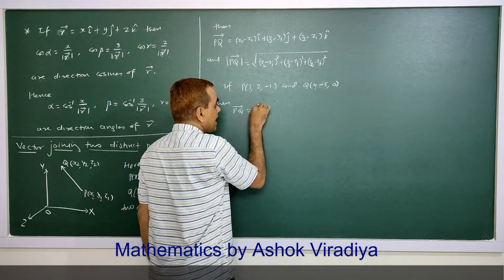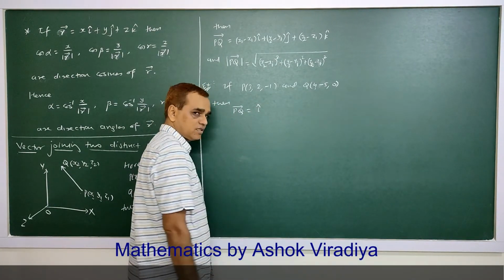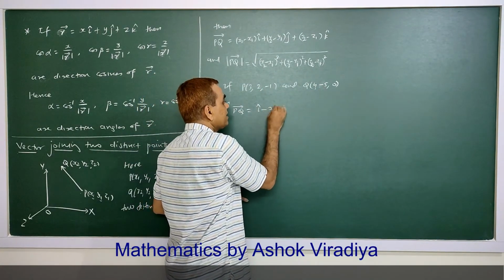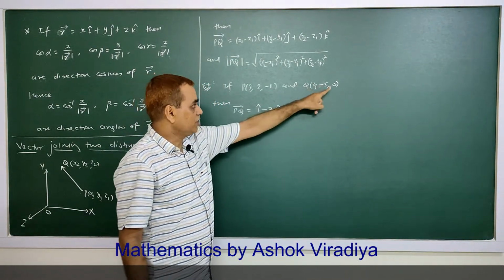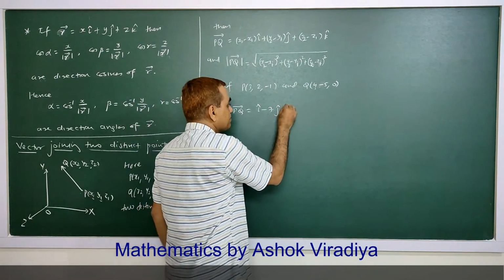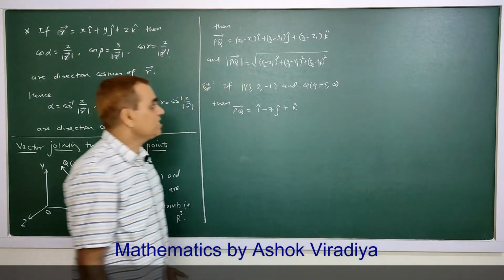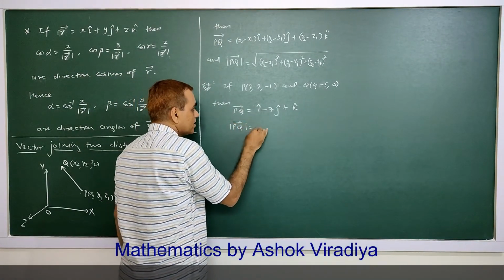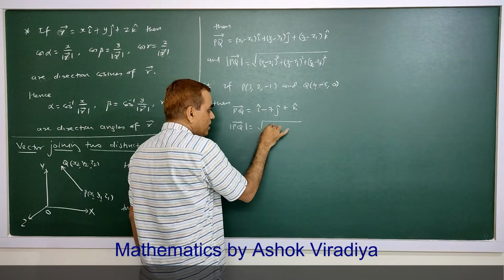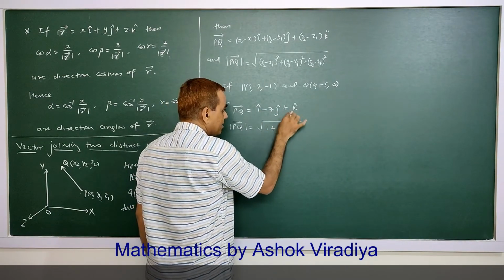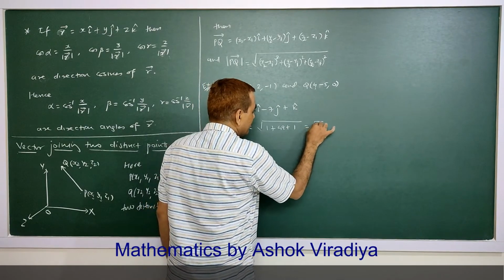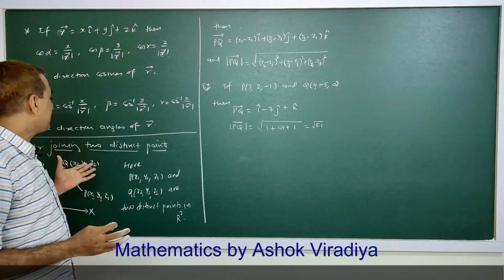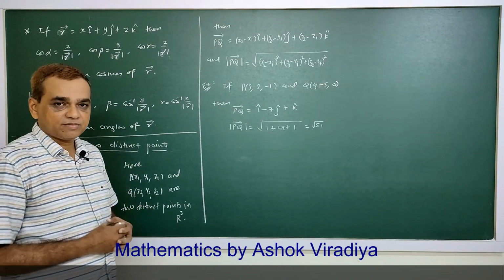So 1 times i cap plus minus 5 minus 2, that is minus 7 times j cap plus 0 minus minus 1, that is plus 1 times k cap. So this is vector PQ and its magnitude is square root of 1 square is 1, minus 7 square is 49, plus 1 square is 1, so root 51. So it is about a vector obtained by joining two distinct points.